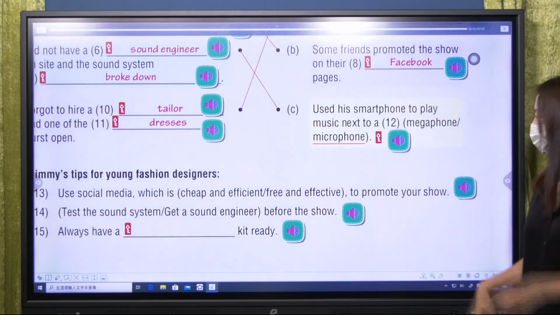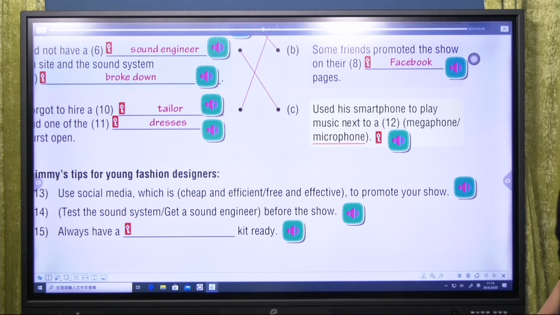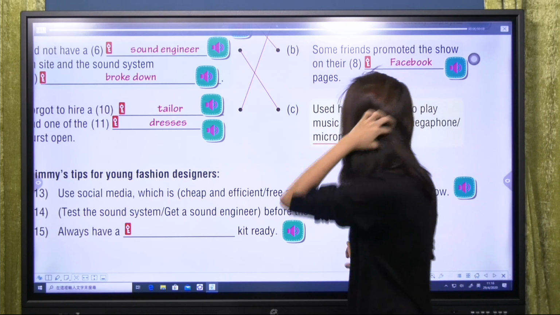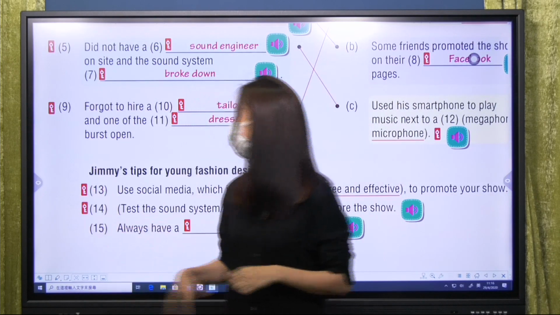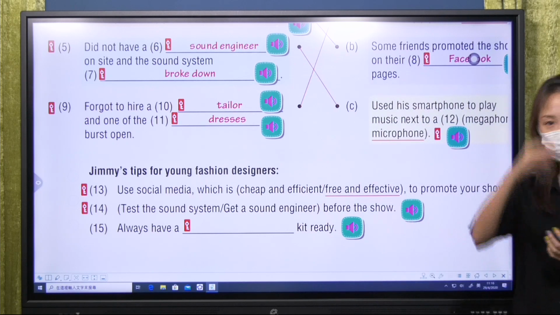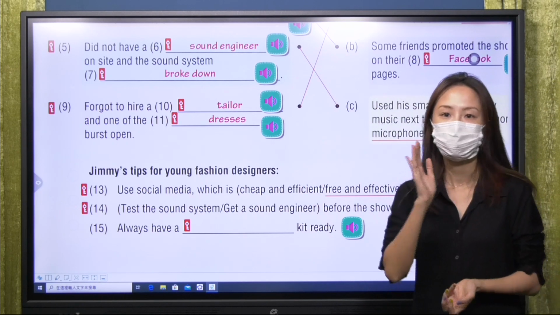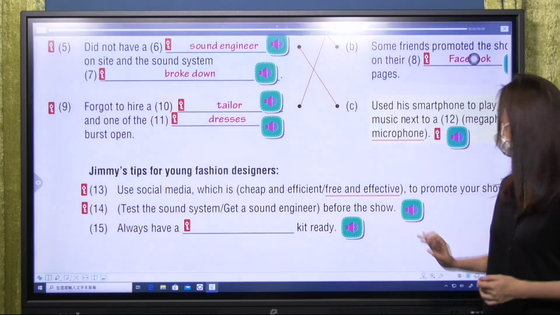Okay. I think you should make use of your social media network because it's free and effective. It is free and effective. As this one is the underlying question type, it should be very easy, but you really need to know when he talks about it. Okay?